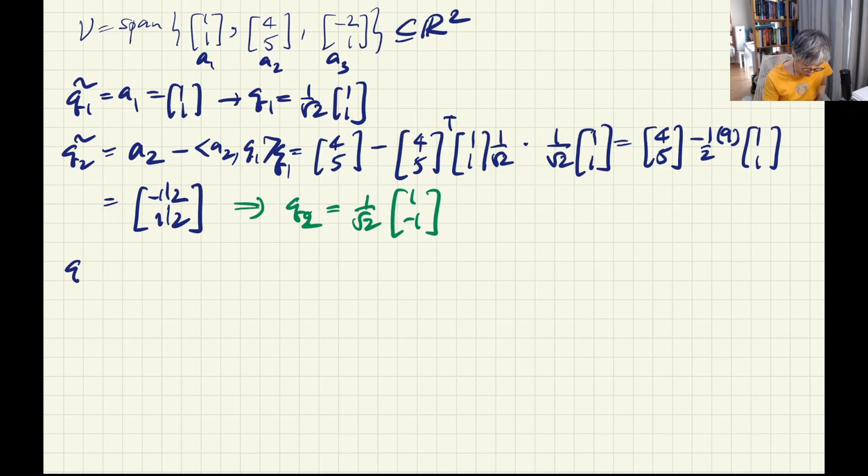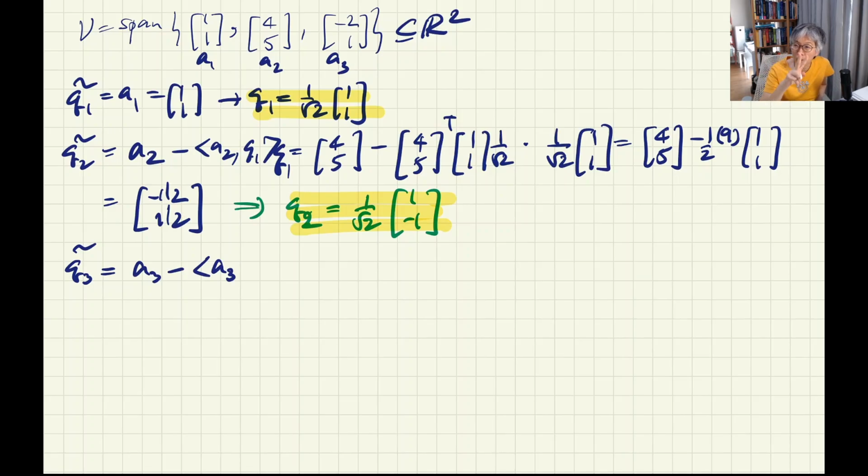Next, Q3 tilde is going to be A3, subtract the projection of A3 onto the previous Qs.